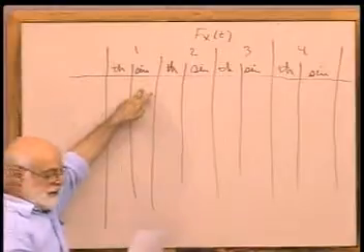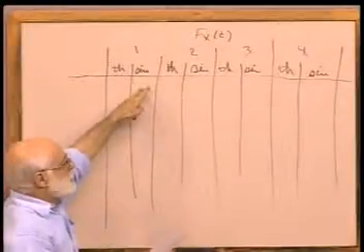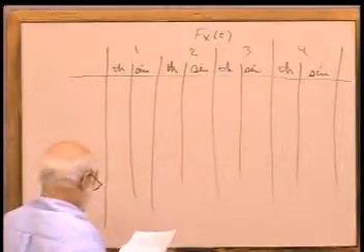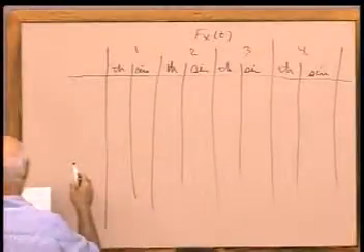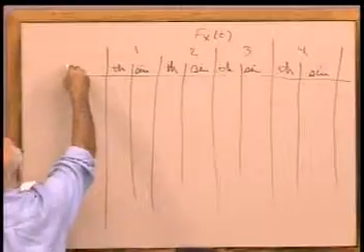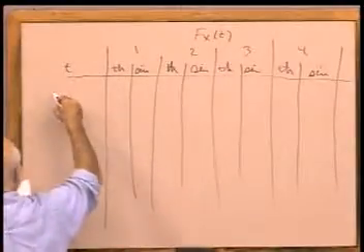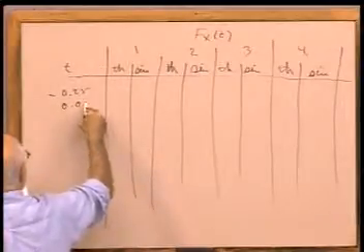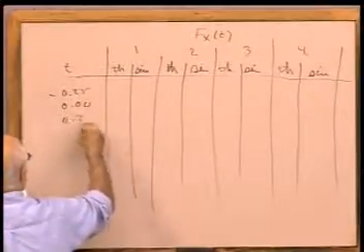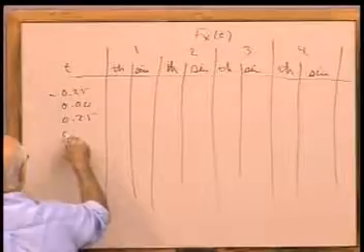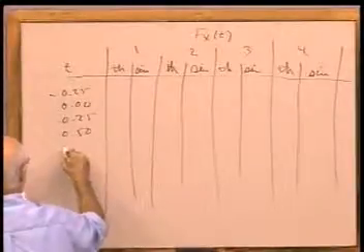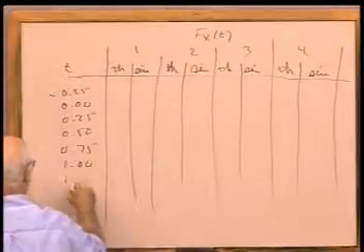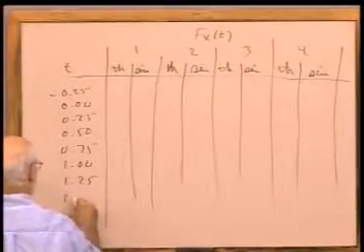And what you want to do is compare the theoretical distribution function values with the simulation distribution function values. So to do that in this tabular form, we'll just look at it for specific values of t. So here are the values of t: minus 0.25, 0, plus 0.25, 0.50, 0.75, 1.0, 1.25, 1.50.